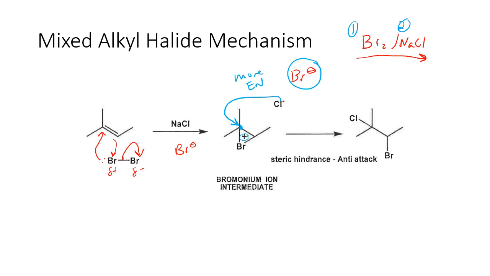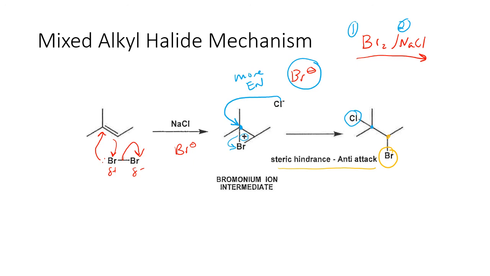And it breaks open the bromonium ion intermediate. And so we form our mixed alkyl halide. We have our chloro attached to the most substituted side and our bromo attached to the least substituted side. And it went through that anti-attack due to the steric hindrance of the bromonium ion.